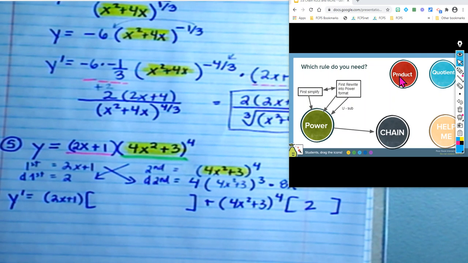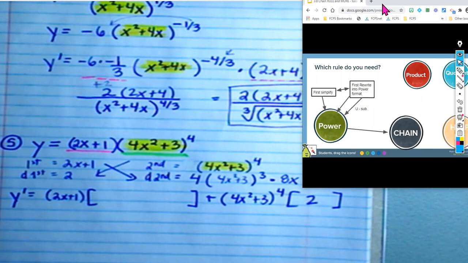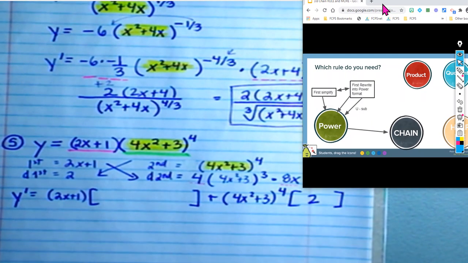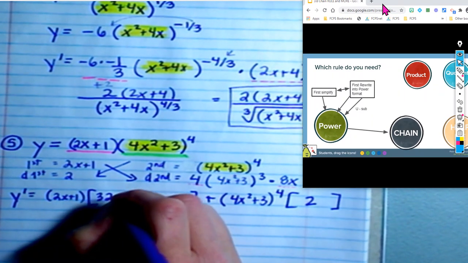Now, there's kind of a lot of pieces here, right? And so what I would like to do is, look here. 4 and 8x is actually 32x.